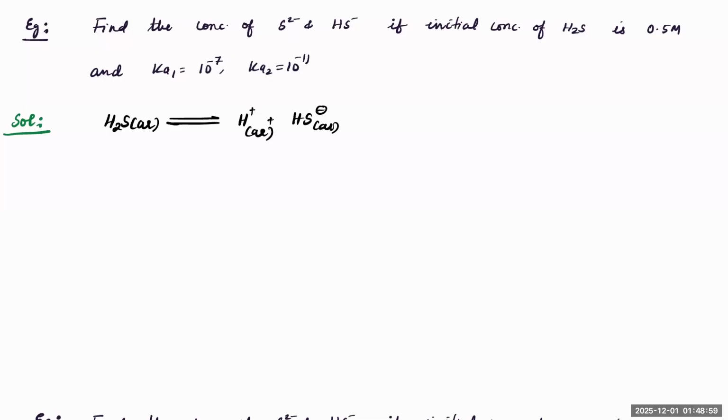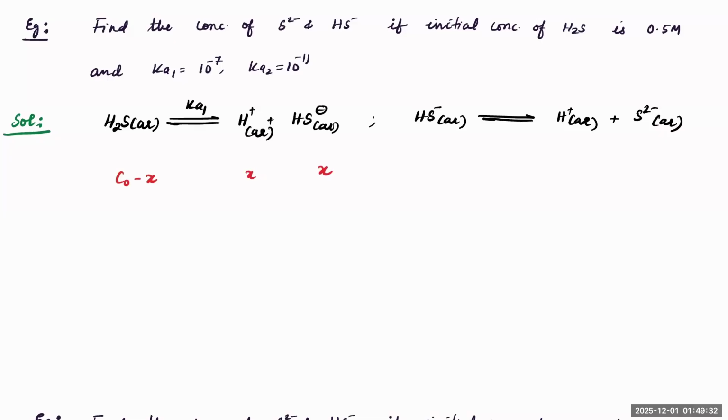So this we can write as Ka1, and similarly HS minus aqueous will be giving H plus and S2 minus. Now imagine if at all I write in terms of concentrations. So what do I get? C naught minus X, X and X.